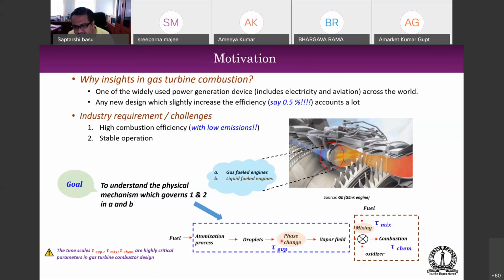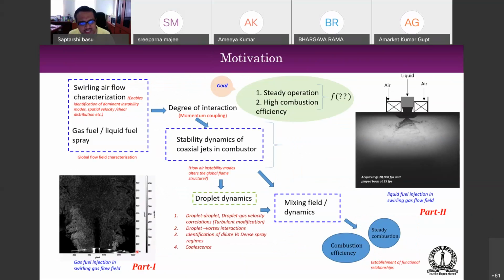And unfortunately, these time scales are not very easy to control either. There are people who work on atomization, there are people who work on phase change, and there are people who work on mixing, and then there are people who work on combustion. So all these factors combined ultimately give rise to what we call a stable combustion. If we look at it now in a slightly more detailed fashion, what will happen in a combustor? You basically have a swirl airflow, which I already showed.